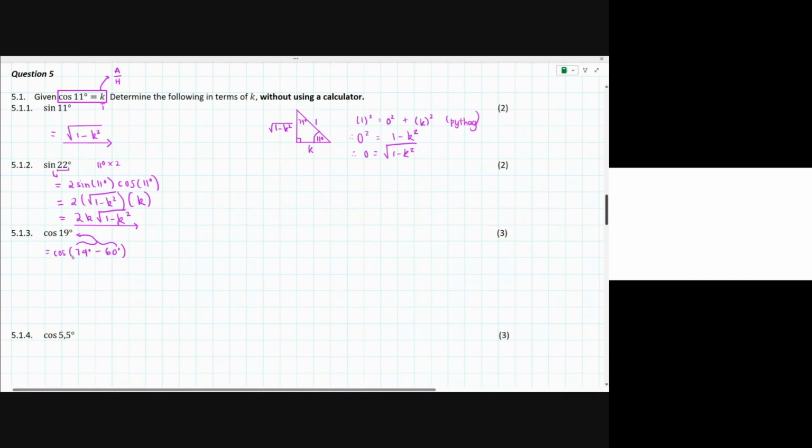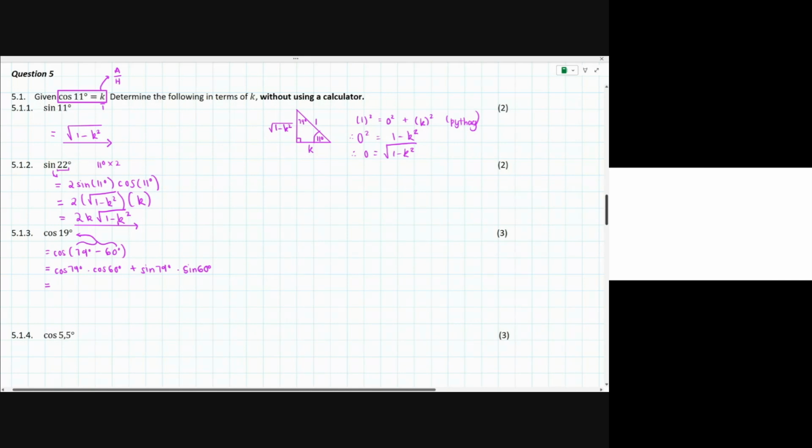Now, whilst this is not great, we can expand this according to our compound angle formulae. Cos compound angle is cos, different sign, so in this case plus, and then sine. So cos 79 times cos 60 plus sine 79 times sine 60. And all we do now is use our special angles. Now, I am absolutely horrendous when it comes to special angles.